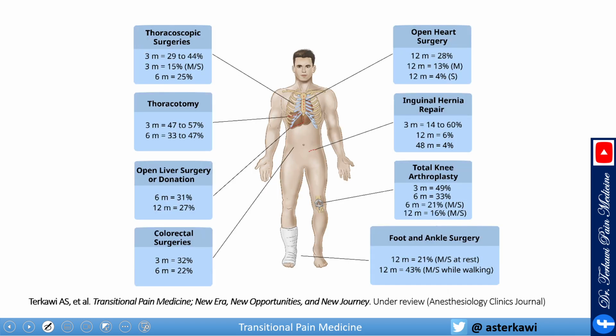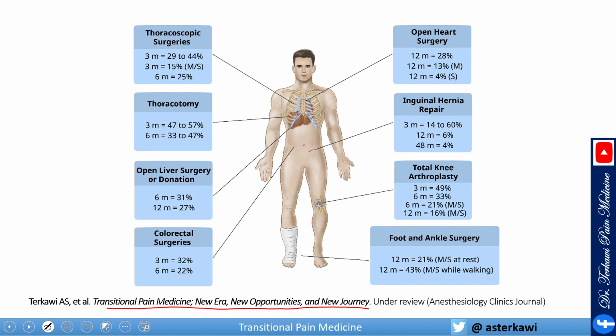So this is a paper that I wrote with my colleagues and it's still under review. We did a systematic review looking for published data on chronic post-surgical pain, and we have this schematic presentation.